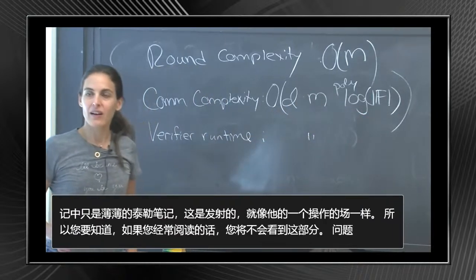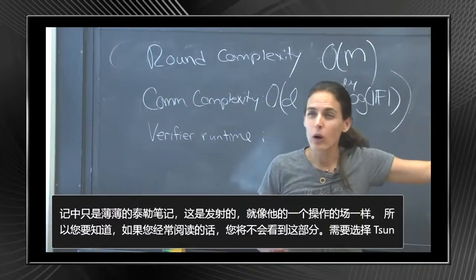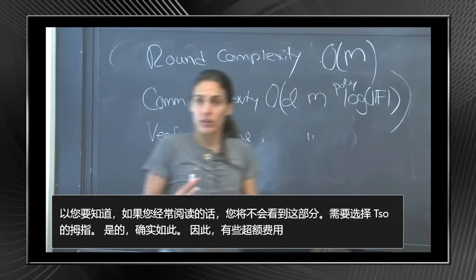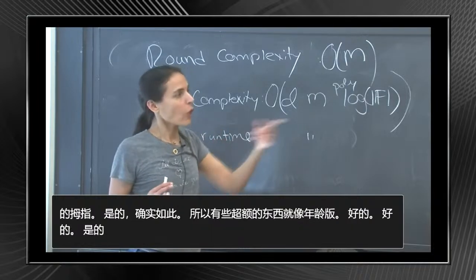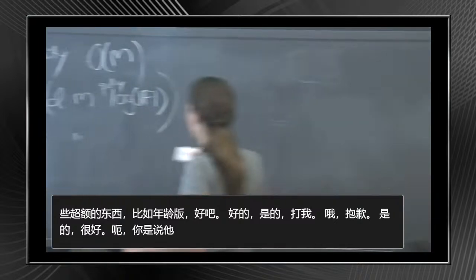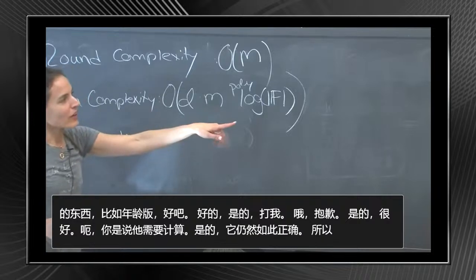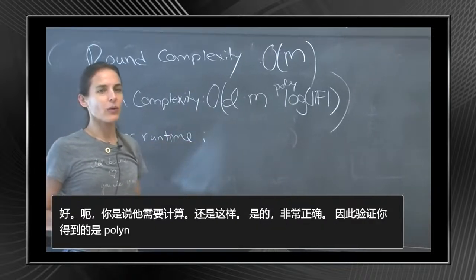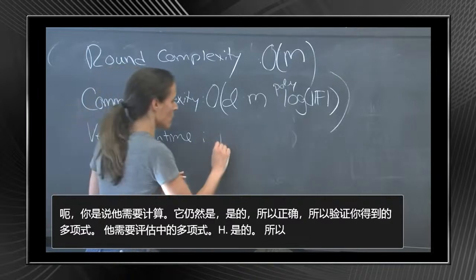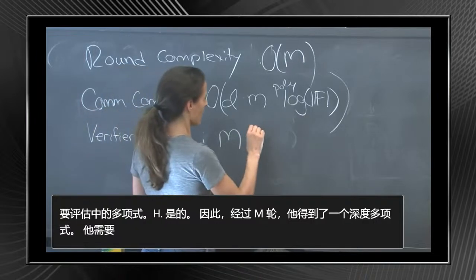Just so you know, if you read things, often you won't see this part. Question? The verifier also needs to sum over H. Yeah, exactly. So sum over H is like H additions. So the verifier gets a polynomial and needs to evaluate it. For m rounds, he gets a degree d polynomial.